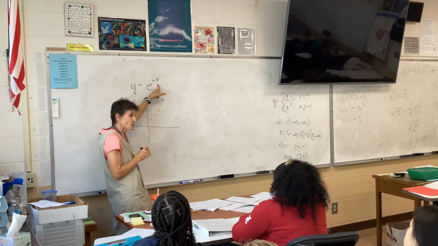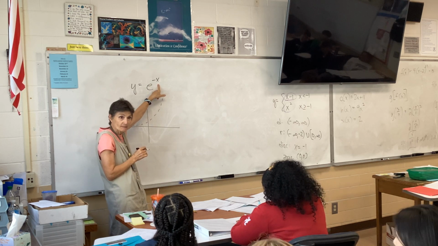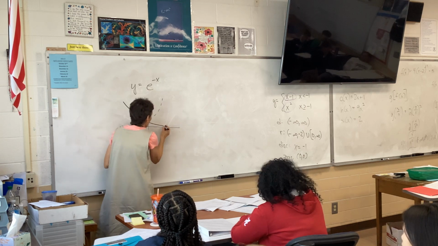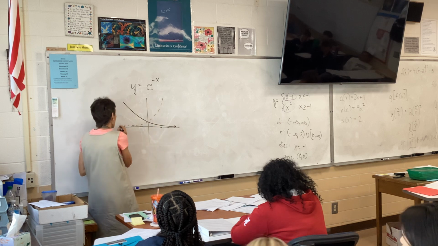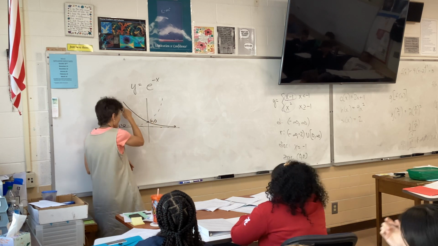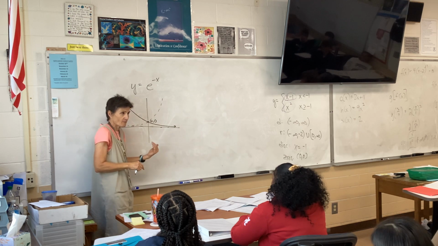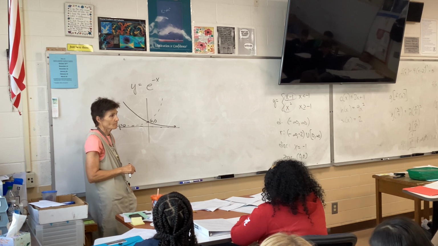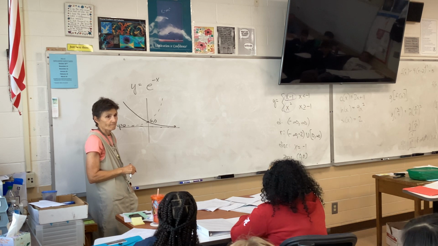If I flip it across, that does not change the asymptote, it doesn't change the intercept, but now it's a decreasing function instead of an increasing function. Okay?